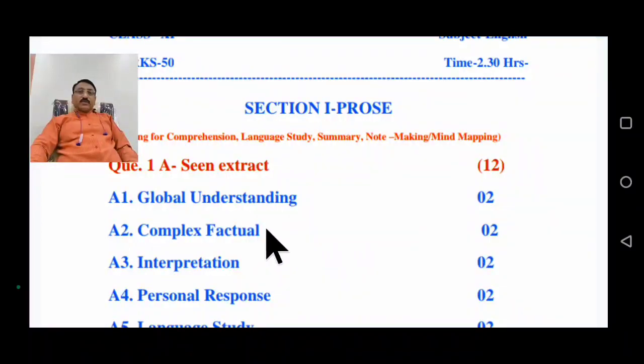So this is activity number 2. Activity number 3 is interpretation. Here the student has to think logically to interpret the given statement or sentence. This activity also carries 2 marks.